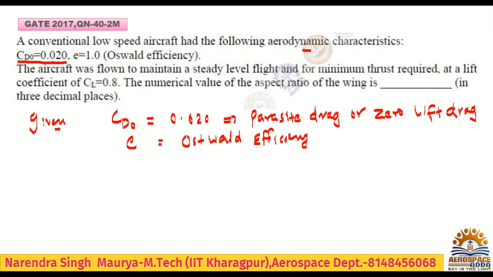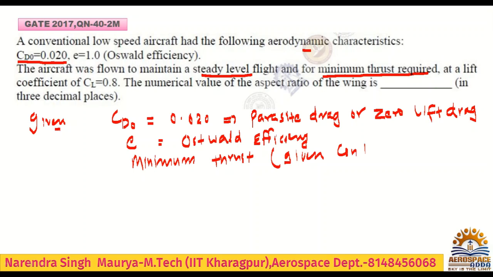The aircraft was flown to maintain a steady level flight at minimum thrust required. It is the minimum thrust, a given condition, very special.